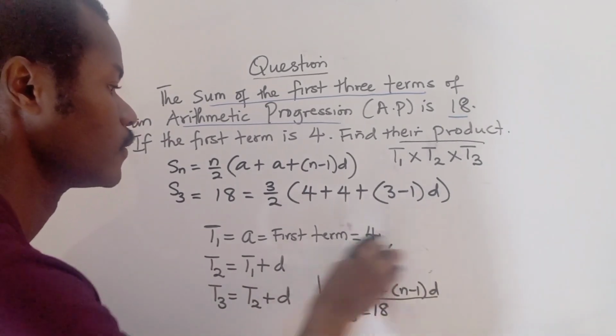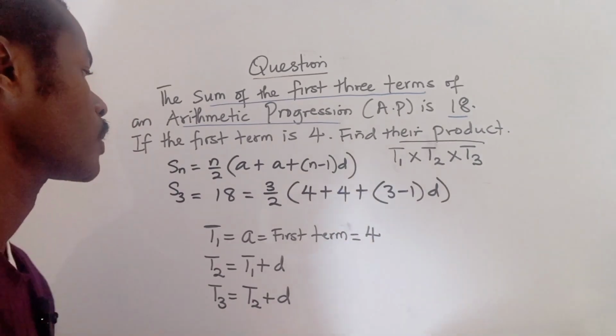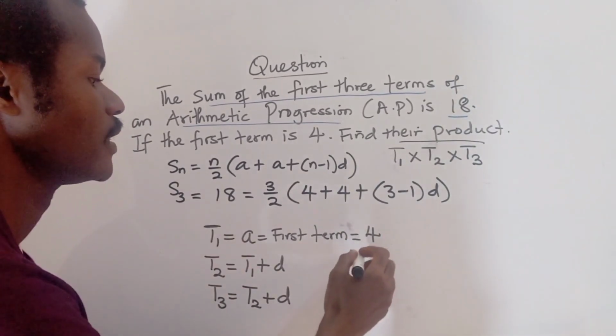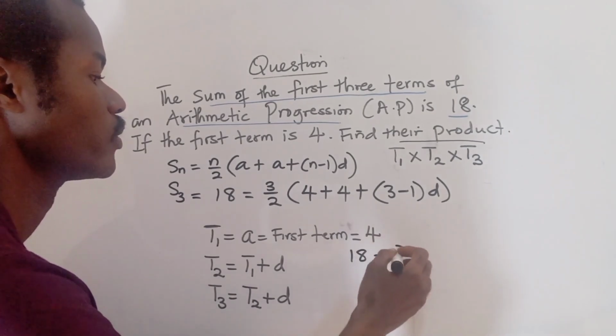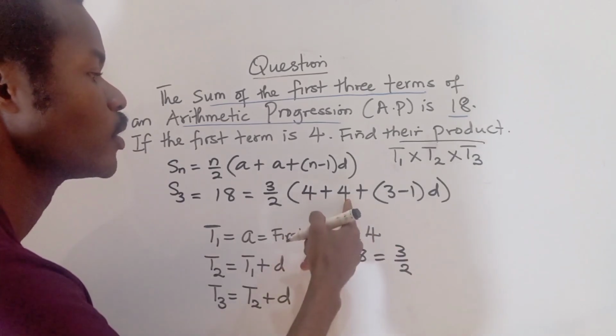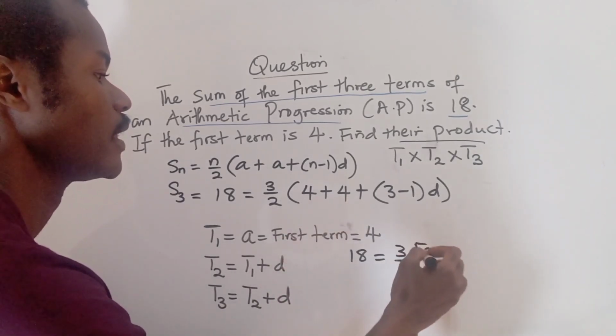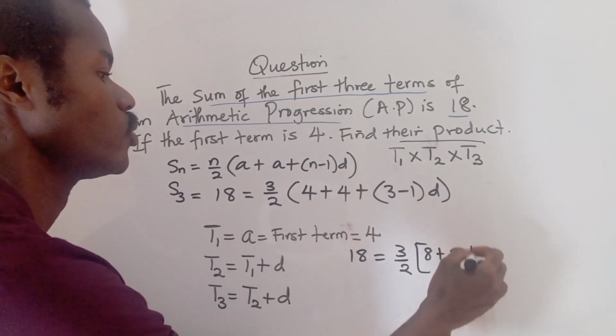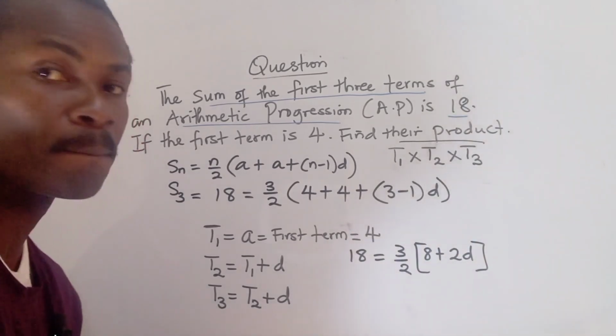So let's solve for d. So I have 18 is equal to 3 over 2 times 4 plus 4 is 8, so I have 8 plus 3 minus 1 is 2, so we have 2d.